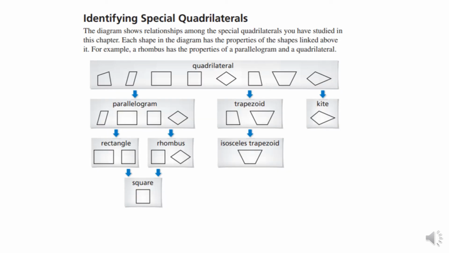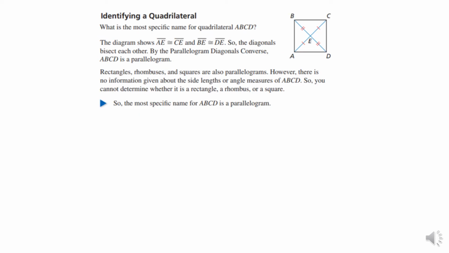Here are all your special quadrilaterals. We've got a whole bunch of them, and we've divided them up, and you can see what they look like. You might want to pause, maybe print it, so you can identify everything. Now, identifying a quadrilateral.